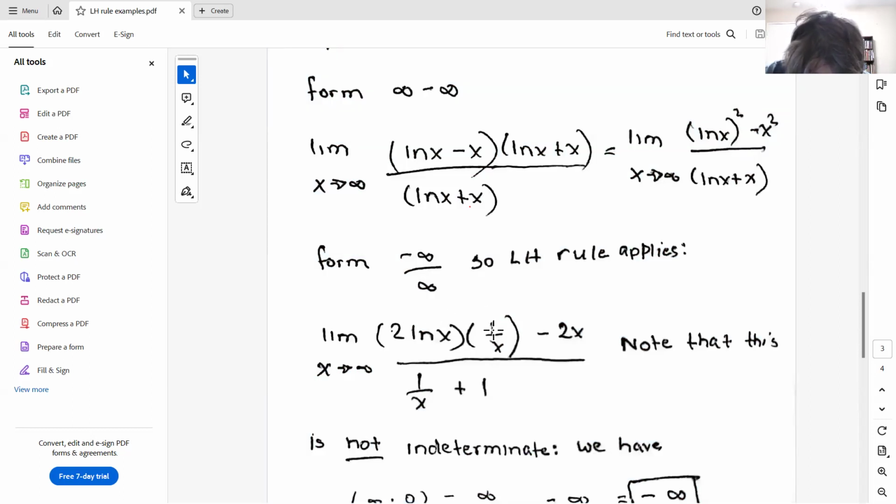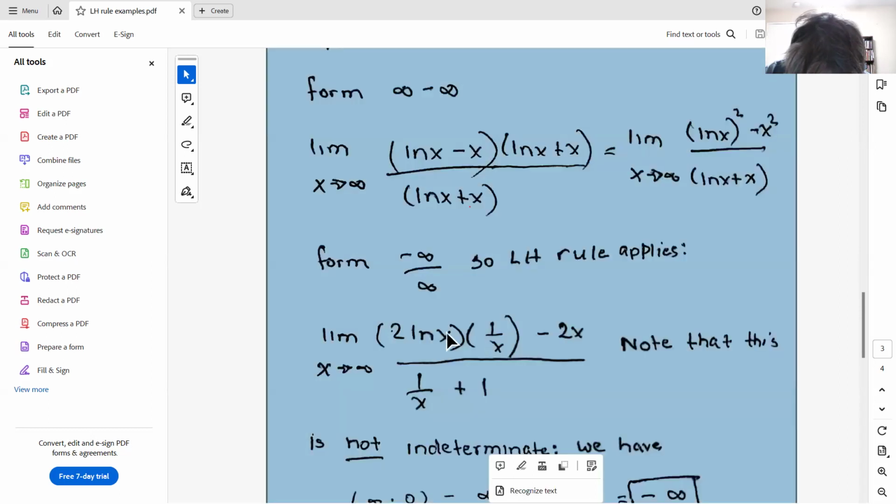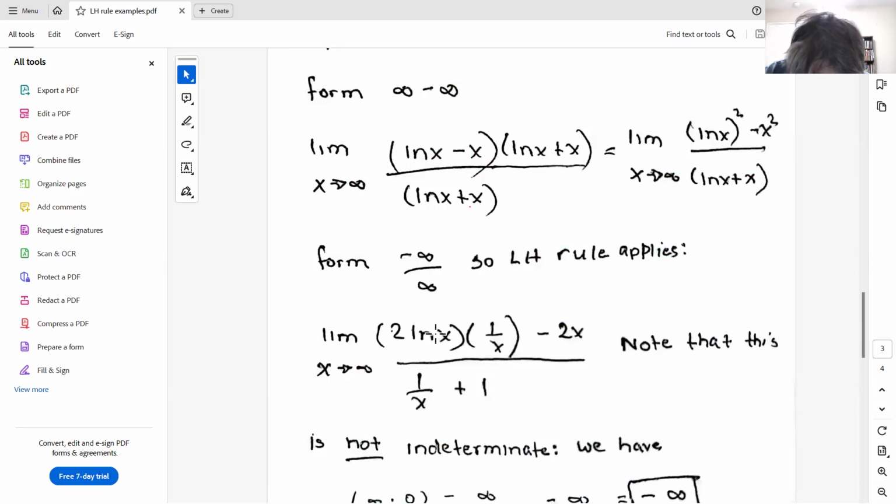So this 1 over x approaches 0 faster than 2 ln x approaches infinity. So it's going to be dominated by this term, and that limit is going to approach 0. So 0 there. And then this 2x approaches infinity. So I have 0 essentially minus infinity over 0 plus 1.